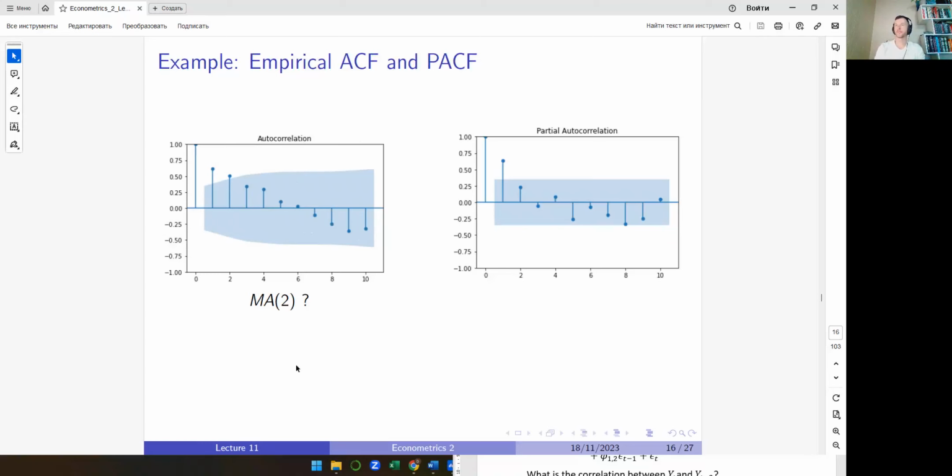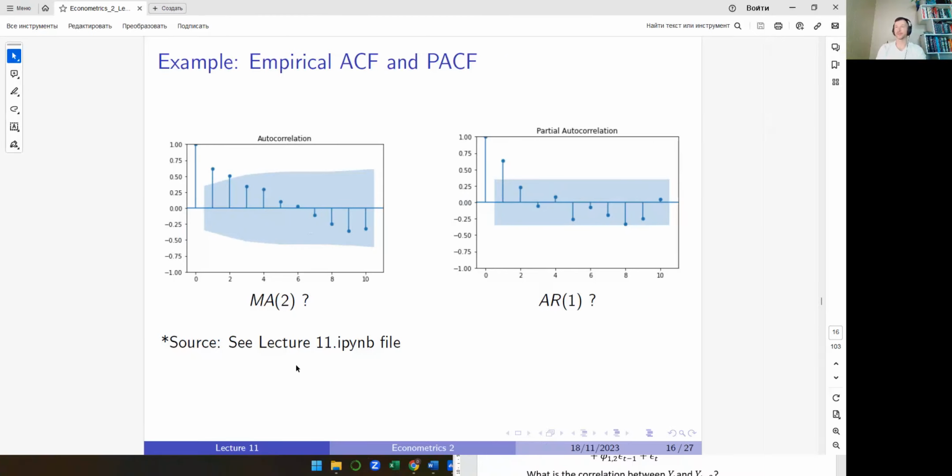It looks like this. And again, we are in a strange situation, because partial autocorrelation cuts off at 1, and probably this is an AR1 model. But it happens in reality.